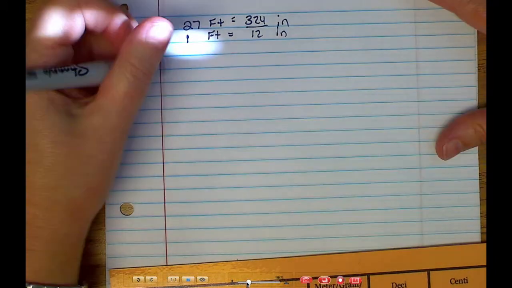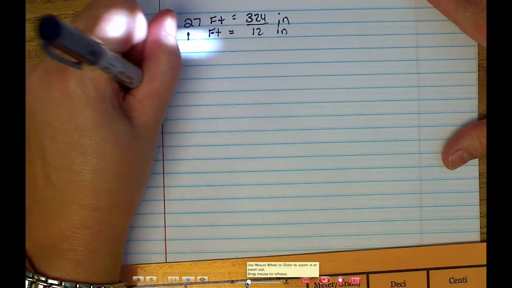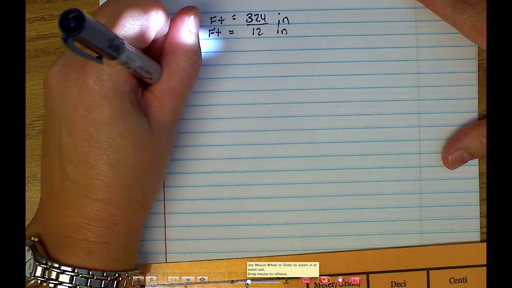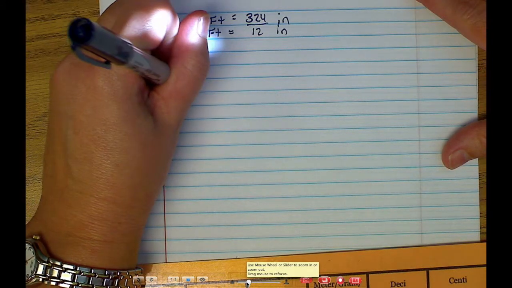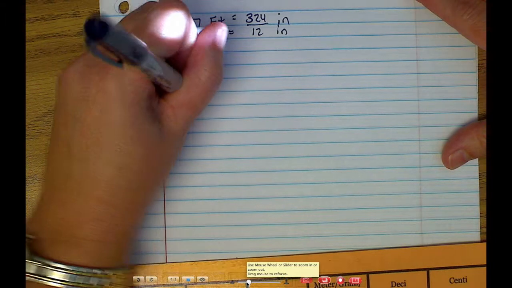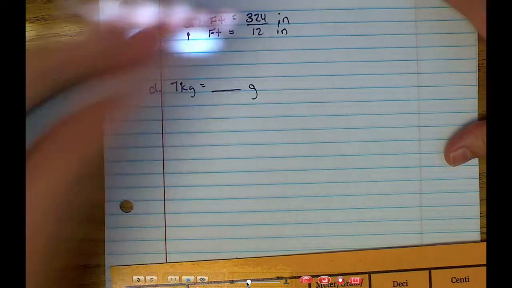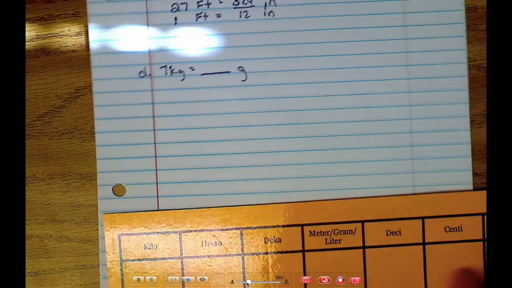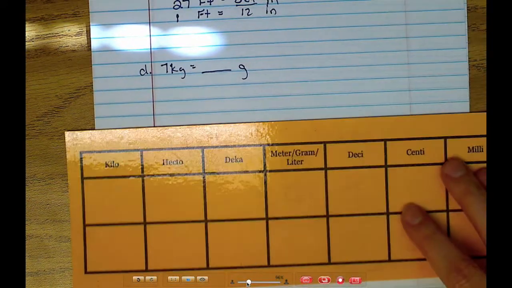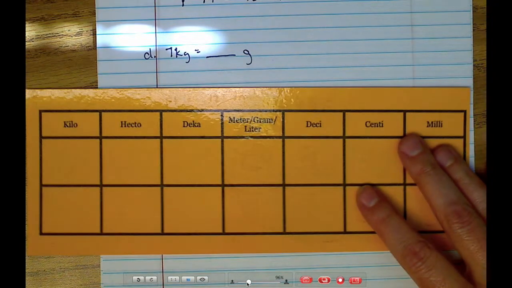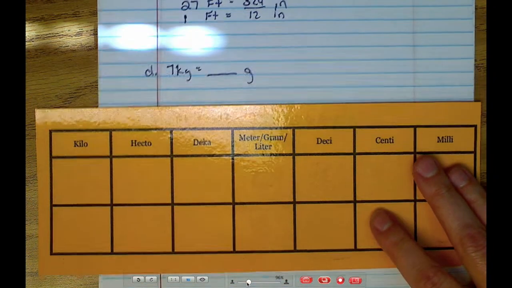Problem D. On problem set 13, problem D says 7 kilograms equals blank grams. So you guys have your little chart that I made you, right?